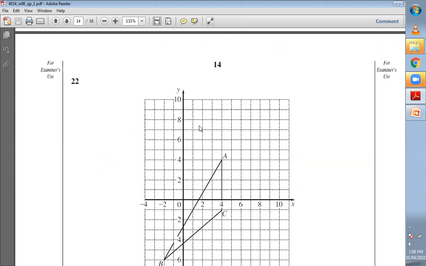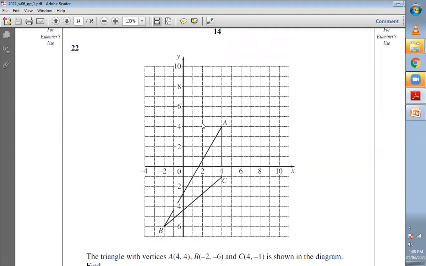We are going to the next part. So in the next part, you can see question number 22. A diagram and a grid are given here, and there are 3 points marked there. Point A, which is (4, 4), point C, which is (4, -1), and point B, which is (-2, -6). It's a triangle.